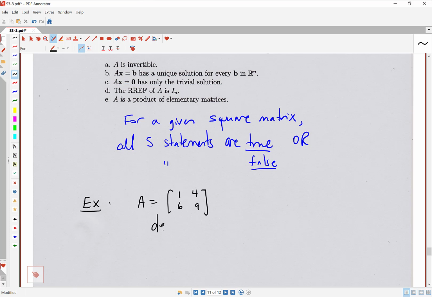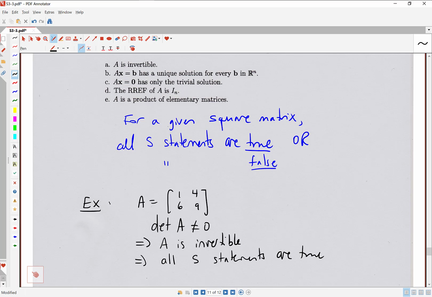So determinant of A is, well, 9 minus 24. In fact, I don't care about the value of it. I just care that it's non-zero. So determinant of A is non-zero. That implies A is invertible. And because statement A is true, that implies all 5 statements are true.